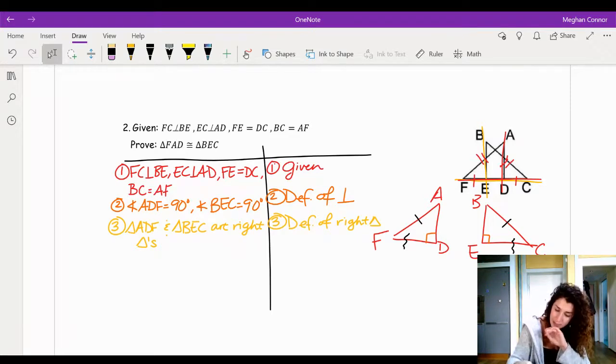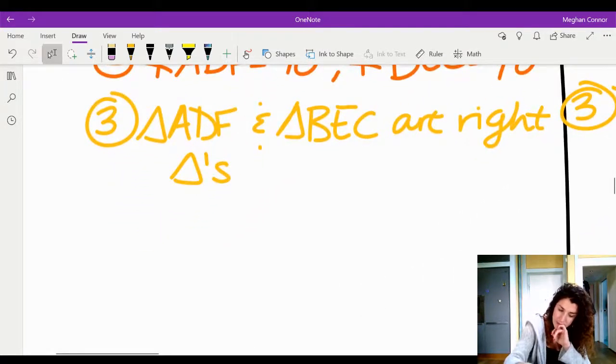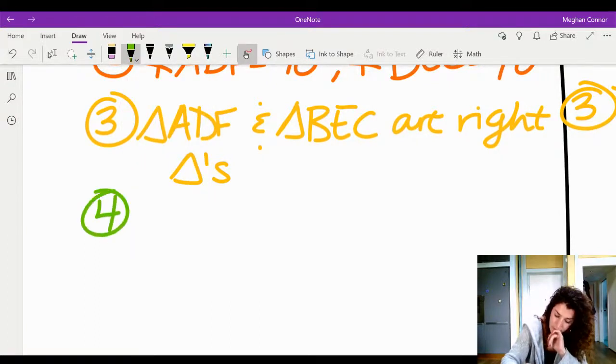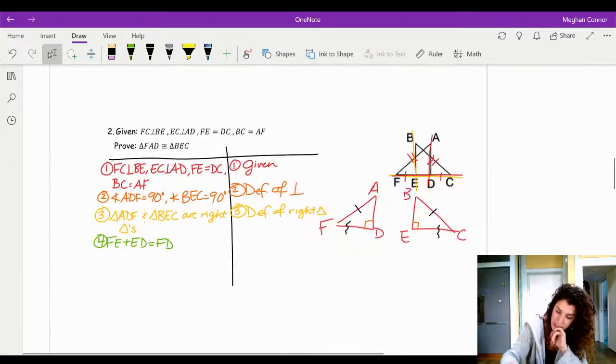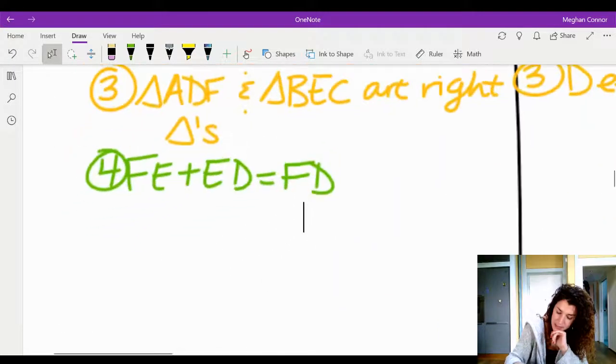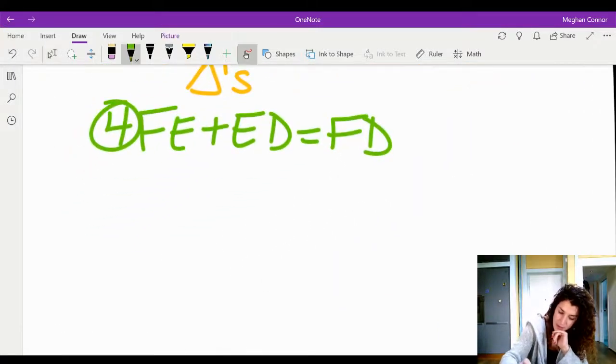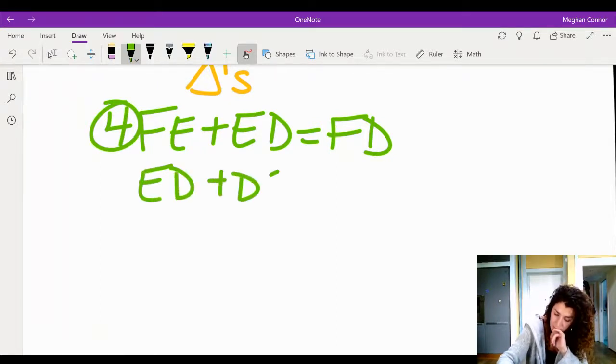So FE plus ED equals FD, and then ED plus DC equals EC.